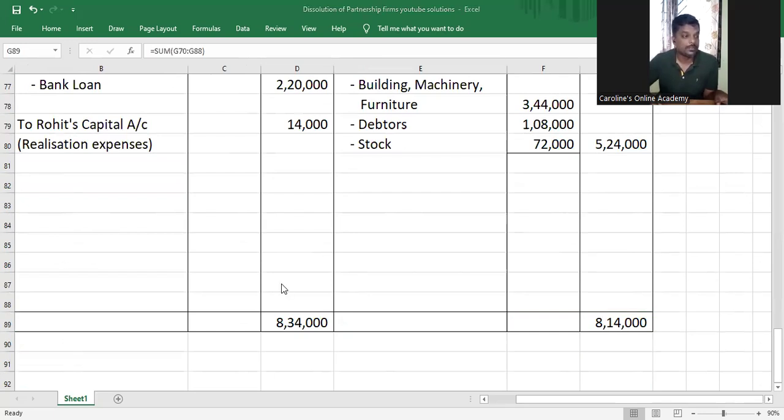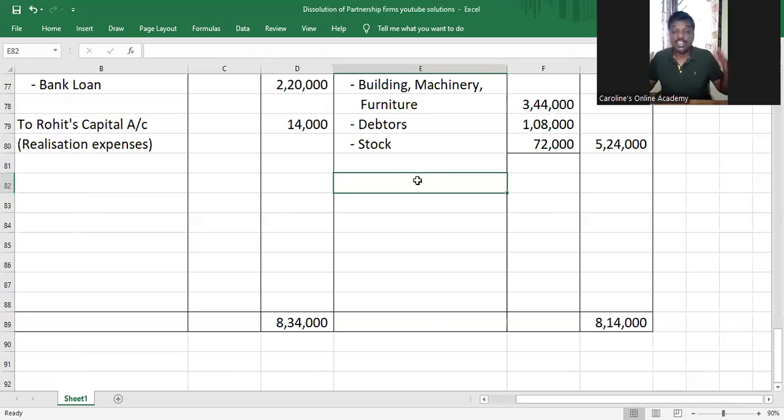Understood or not, my dear children? Which means I have incurred a loss. In a nominal account, if debit side is more and credit side is less, then it is a loss. Because in the debit side, you account for all the expenses, and in the credit side, you account for the income. Understood or not, my dear children?